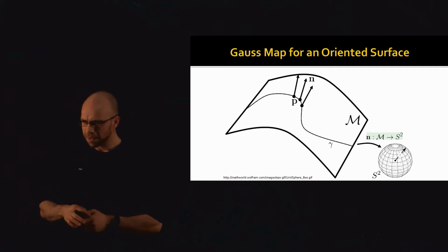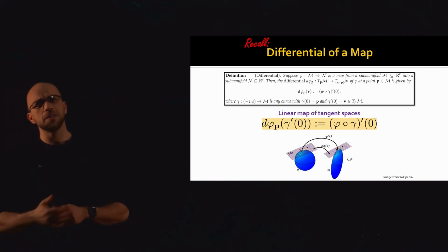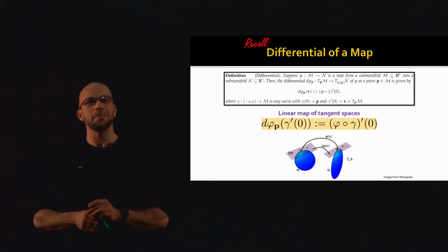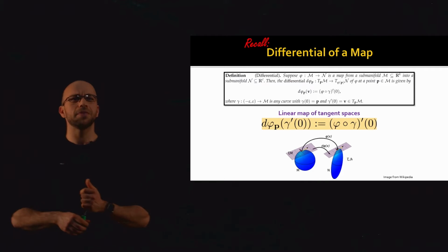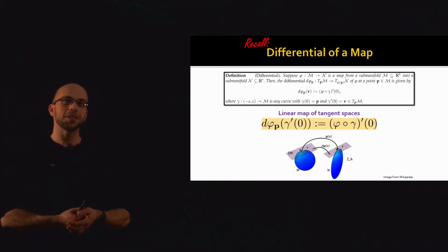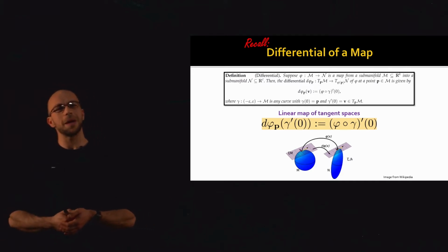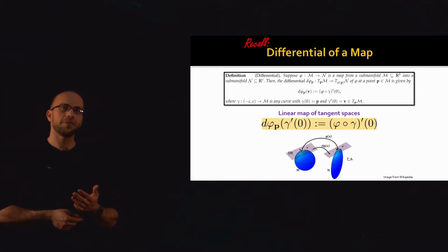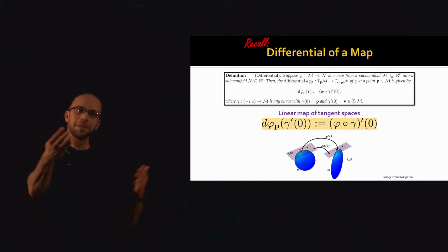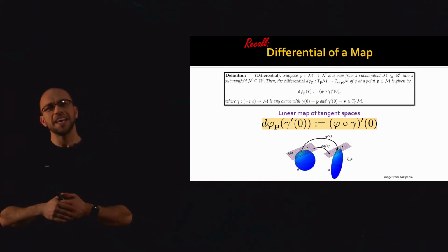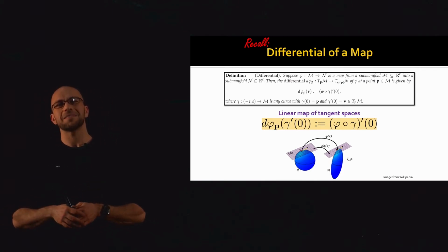So we're going to need one additional notion, which we've already introduced in past lectures, and that's the differential of a map. In fact, we've defined it a few different ways because we first talked about the differential of a scalar function, and then we lifted it to a differential of a more general map between spaces. So just as a tiny review, remember that if phi is a map from M into N, here both M and N can be submanifolds.